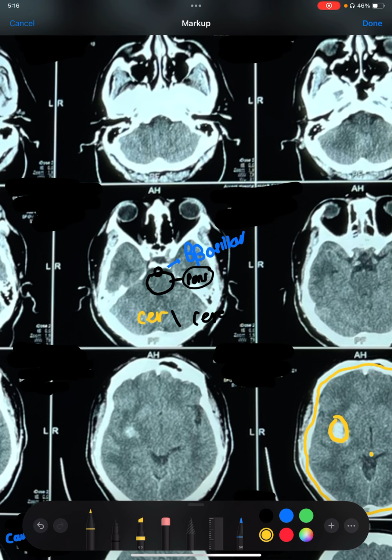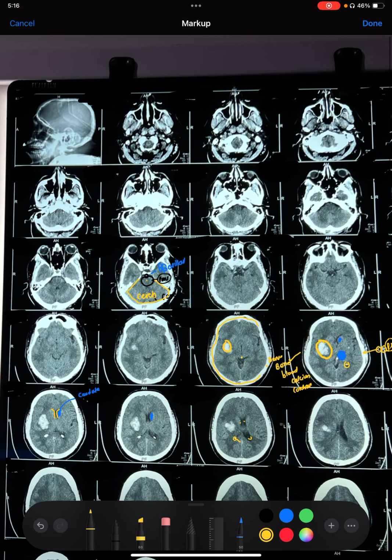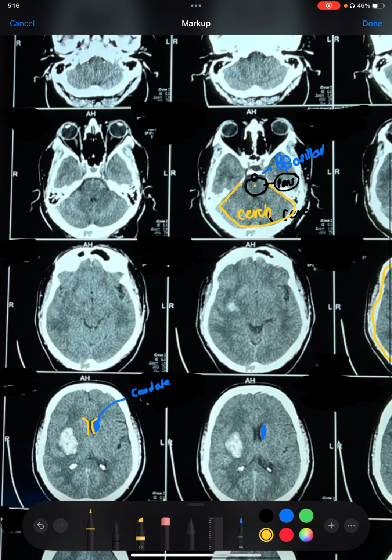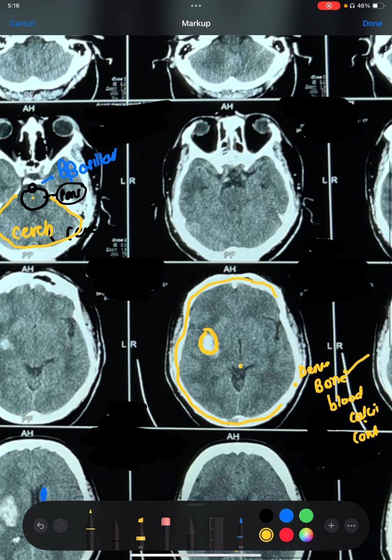This is the cerebellum, a posterior fossa structure, this is the pons, and above the pons a butterfly-shaped structure is the midbrain, which you can see here. This is the butterfly, and these are the wings of the butterfly. You can trace it here.